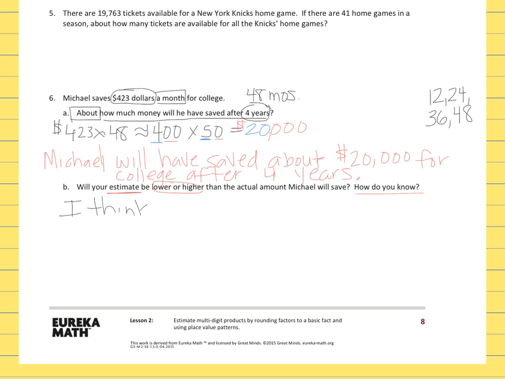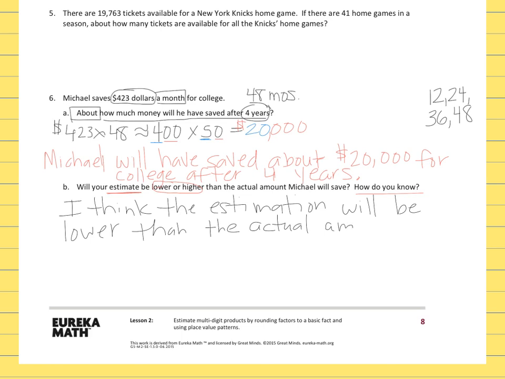I think the estimation will be lower than the actual amount because, now here's my justification, how I'm going to prove that my claim of it being lower than the actual amount is because I rounded $423 down to $400.